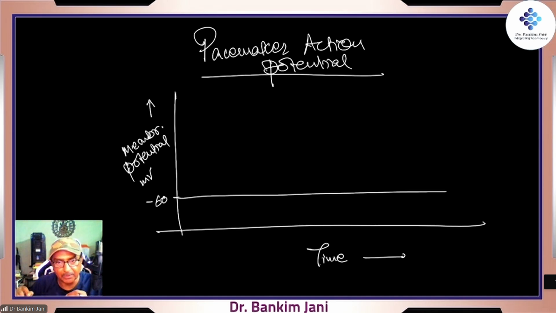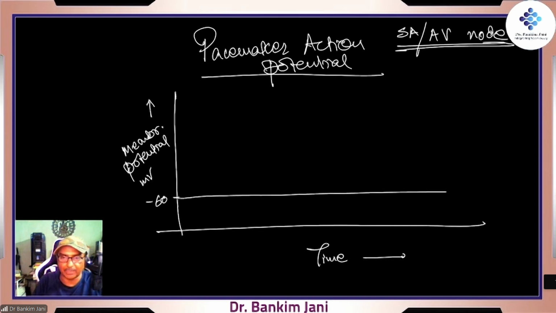There is something called the funny channel or the funny current. So here is the cell, and when we talk about pacemaker action potential, that means we are dealing with either the SA node or AV node. The rest of the tissues of the heart will be considered as non-pacemaker. So as pacemaker, SA node and AV node.